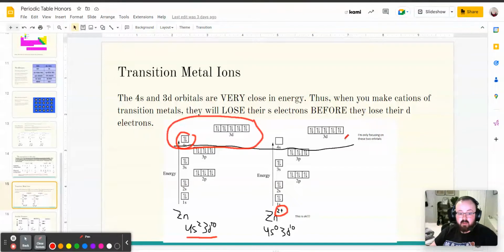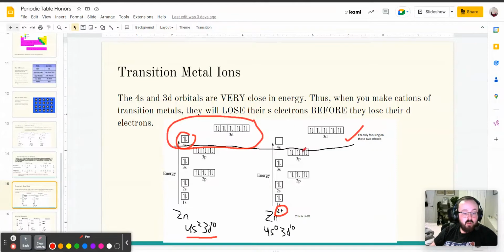This is the correct electron configuration for zinc with a positive 2 charge. It's kind of first in, first out. It's like you got on the bus, you get off the bus first. Only for this exception between the s and the d orbitals, just because of the closeness of their energy. It gets complicated, but this is one of those exceptions you need to know.